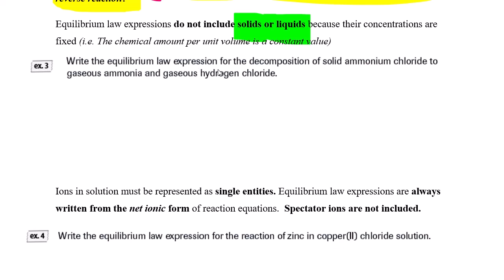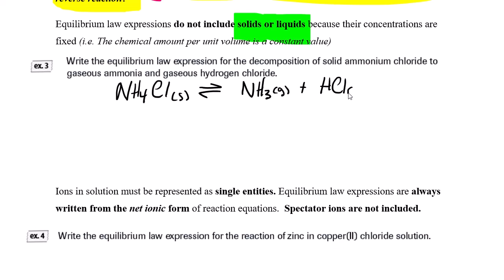So here's an example. If I want to write the equilibrium law expression for the decomposition of solid ammonium chloride, so NH4Cl, solid, reacts to give gaseous ammonia and gaseous hydrogen chloride. Let's check my balancing, it's good.